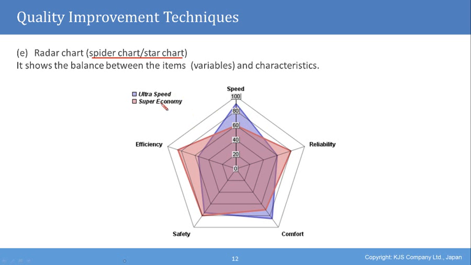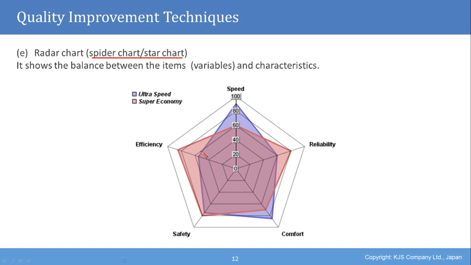For example, the ultra speed, of course you'd expect from the name that the speed would be a lot higher than the super economy, but it might not have as much reliability or efficiency. Now the great thing about this kind of diagram is that you can see the areas in which a particular project or a process is doing very well and areas where it's not doing so well.